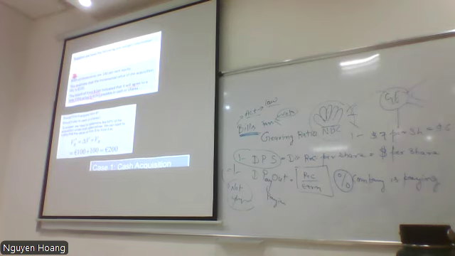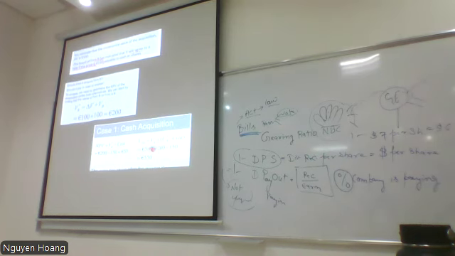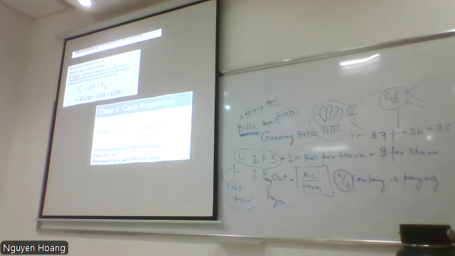So value of A is 500 plus V static B. We already estimated V static B is 200. 200 minus cost of acquisition is 150. So value of AB is 550.